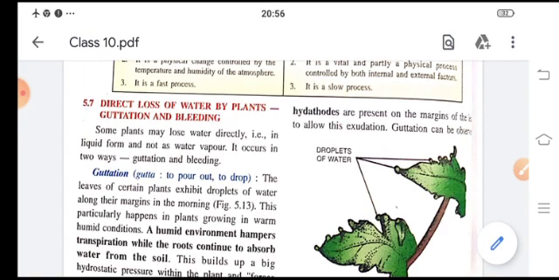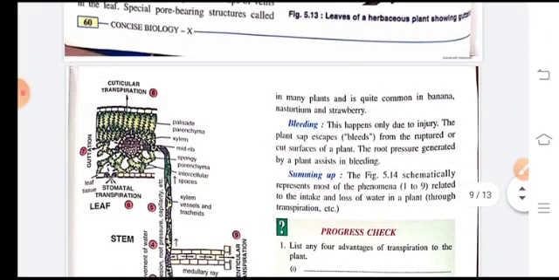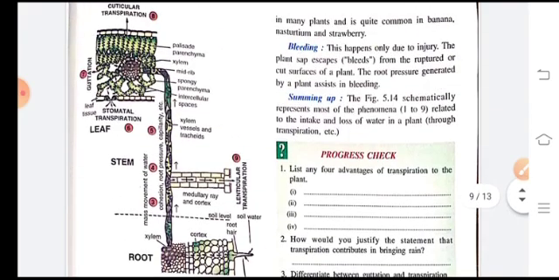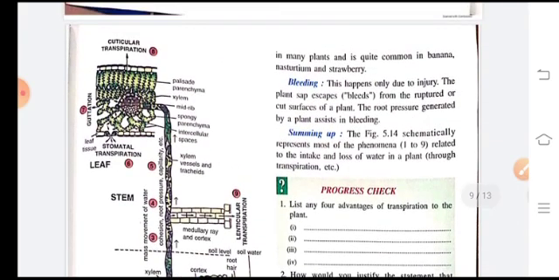This allows the excretion of excess water, and the process is known as guttation. Next is bleeding: sometimes, due to injury in the plant, the plant loses some sap from the ruptured area, and root pressure is generated by the plant, and this leads to bleeding.